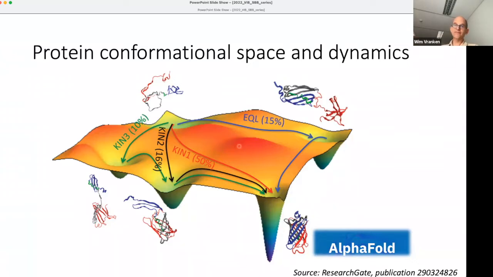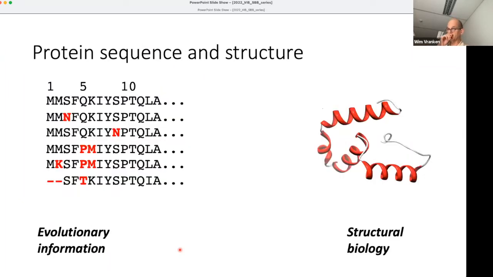But it's possible that this protein might also adopt different conformations and move between them, and that some of these energy wells might suddenly become a lot lower when it is in the right environment. This is not something that AlphaFold is really capturing at the moment, because there's not much data available for this, so it's hard to train machine learning methods on that.